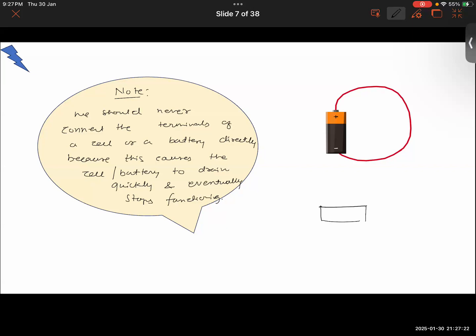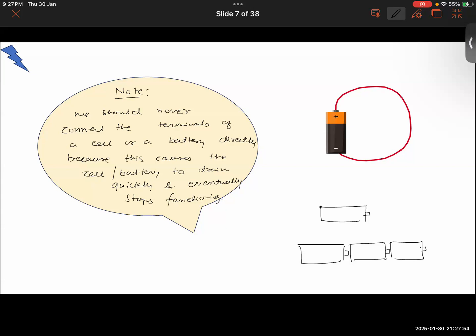This is cell and this is battery. Sir, a cell is a simple device that converts chemical energy into electrical energy, while a battery is a collection of cells that provide a steady source of electrical energy.